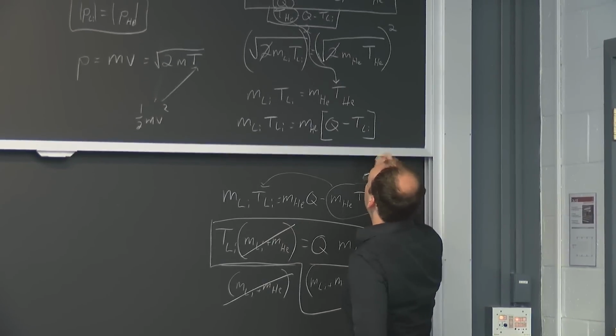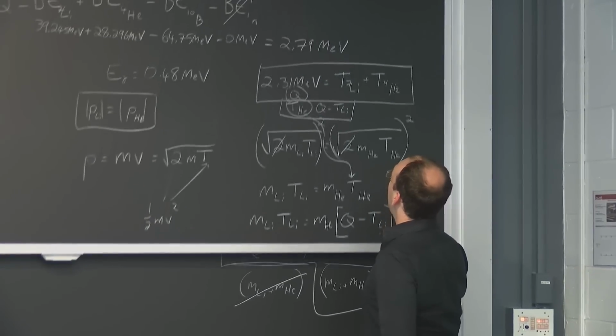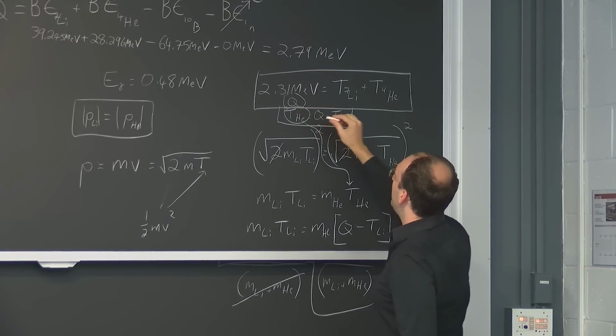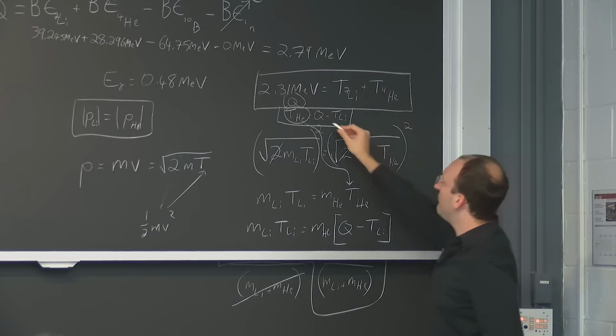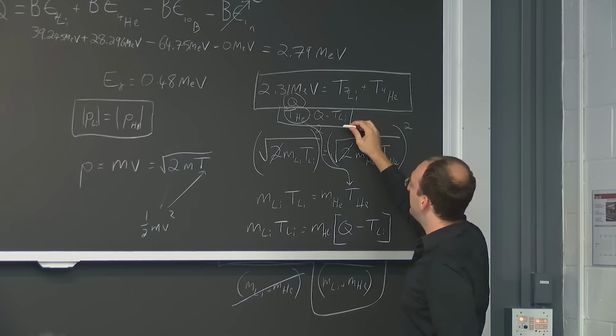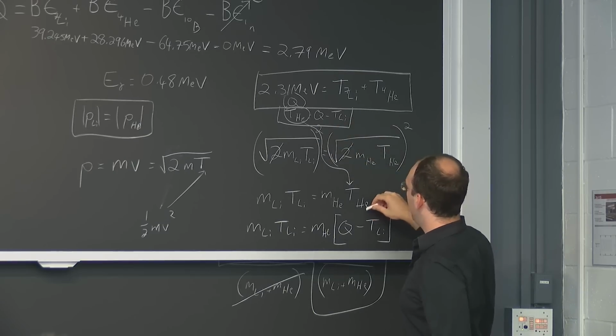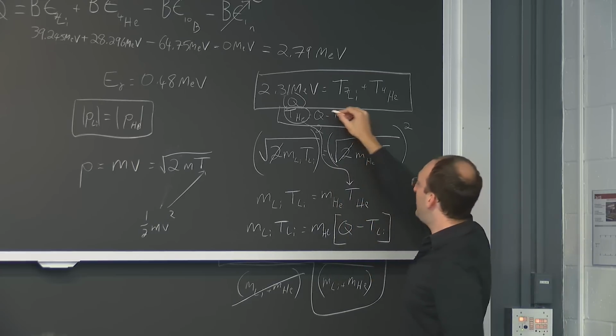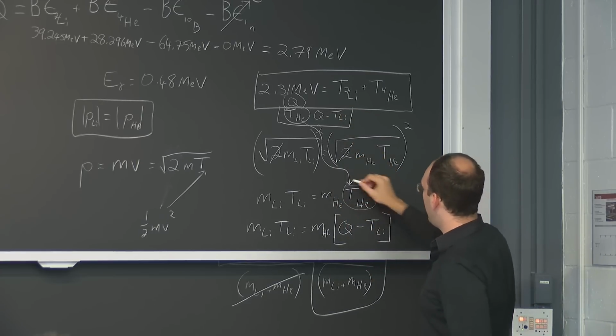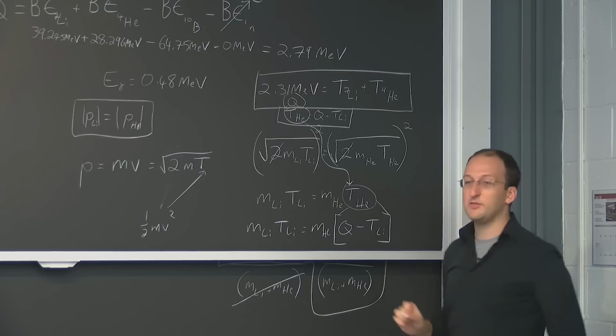So I took this expression right here, which is to say the Q value has got to be the sum of the kinetic energies of the lithium and helium nuclei, rearranged it thusly to isolate, there we go. Yep, to isolate the helium kinetic energy, and then substituted that expression in here to get this one right there.